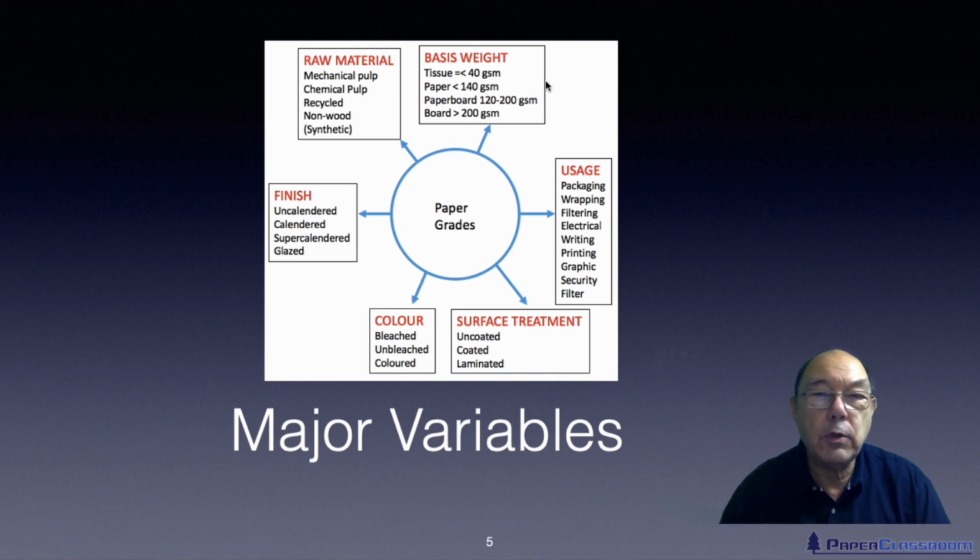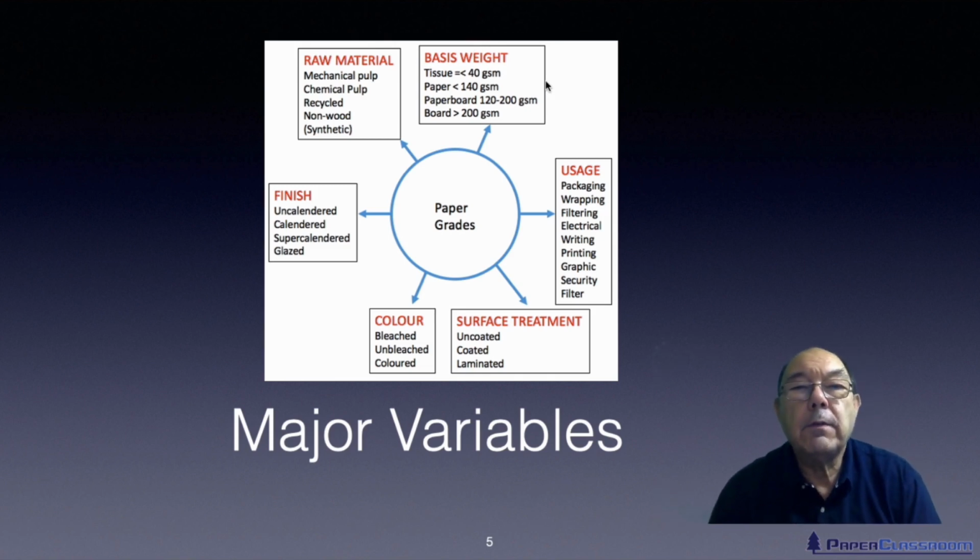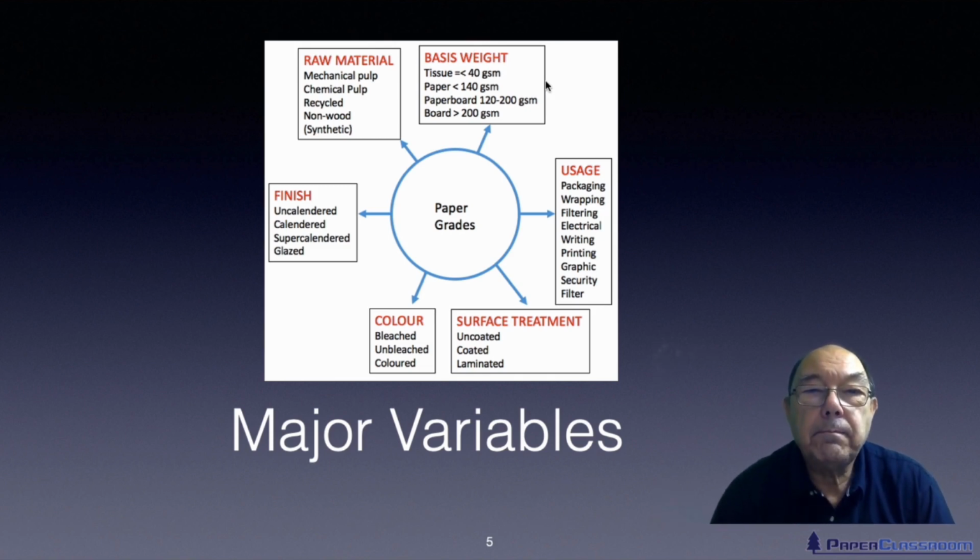So tissue we usually define as anything less than 40 grams per square metre. Typical paper will be between 40 and 140 grams per square metre. The Americans have another grade here, 120 to 200, that they call paperboard, but we typically call board anywhere from 140 to well above 200 grams. So one way of selling paper is on the basis weight.